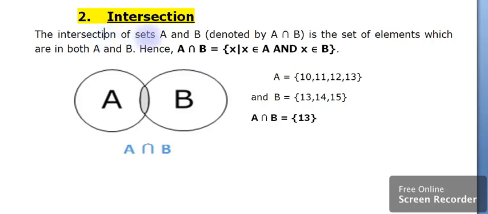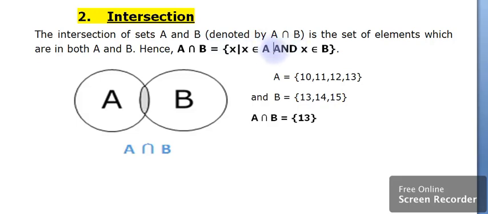The next is intersection. The intersection of sets A and B is indicated by A intersection B, which is the set of elements which are in both A and B. This is equivalent to AND.